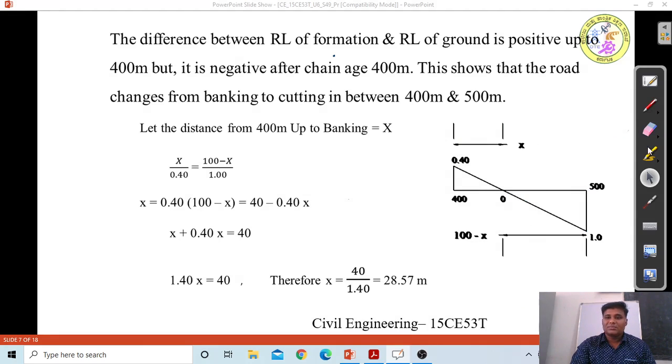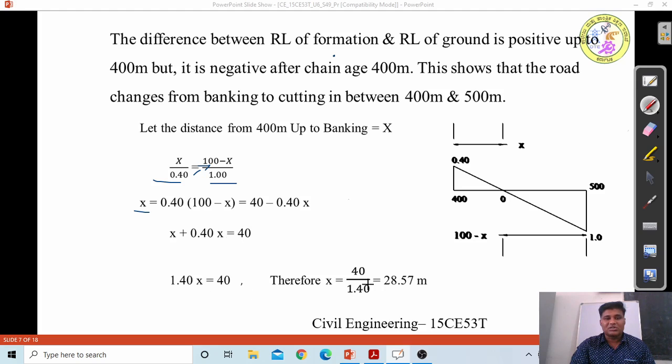So based on the principle of similar triangles, x divided by 0.4 is equal to 100 minus x divided by 1, the depth. After basic calculations, x is equal to 0.4 into 100 minus x. So x plus 0.4x is equal to 40.